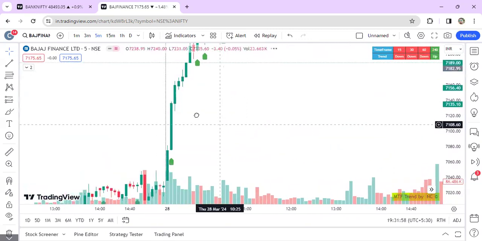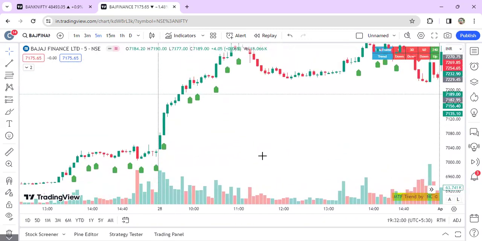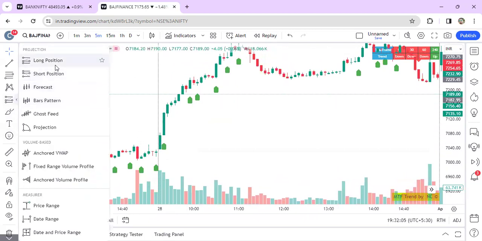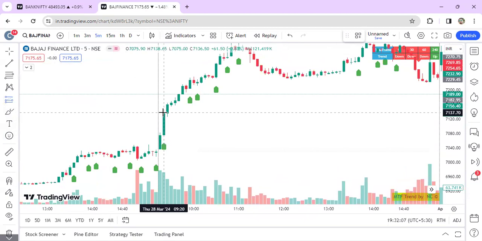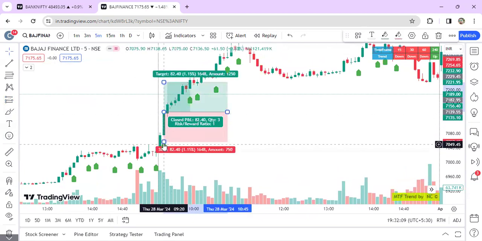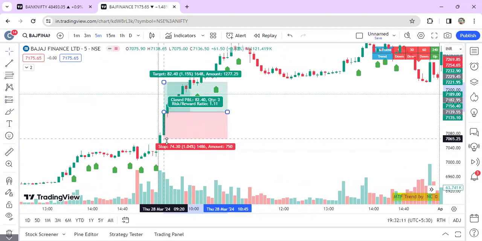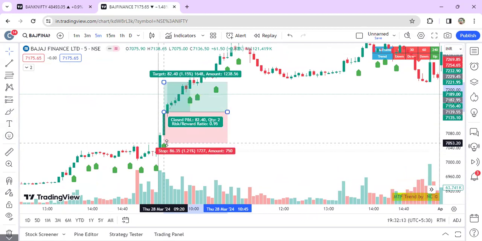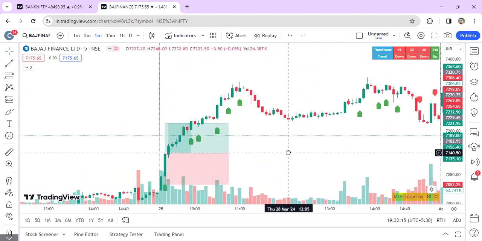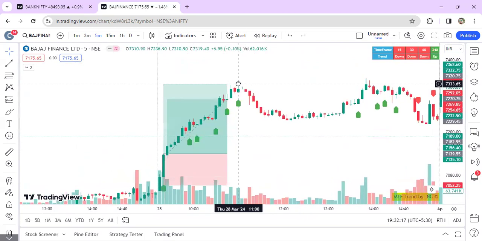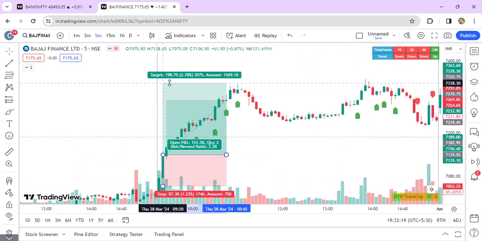See this beautiful trending day. In the second candle, it is letting you enter. Enter over here, you put SL over here, 50% of this first candle, and see how much you are getting.